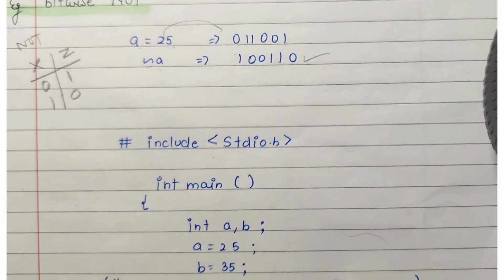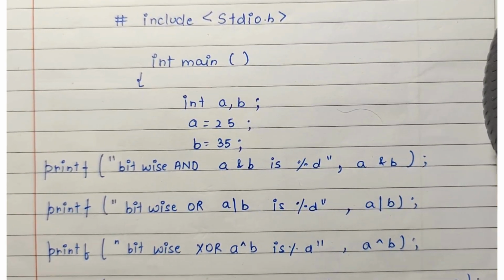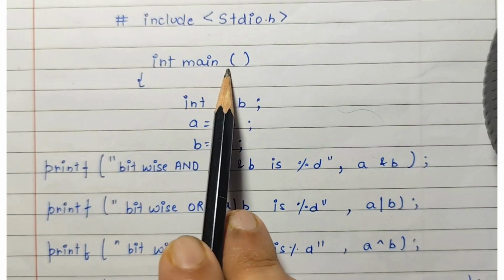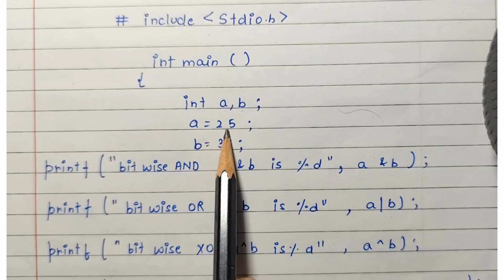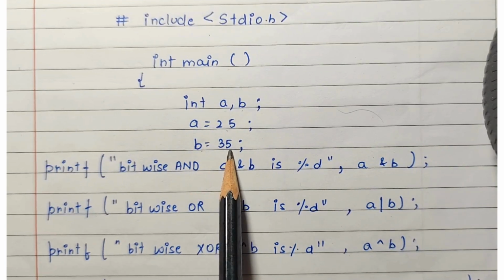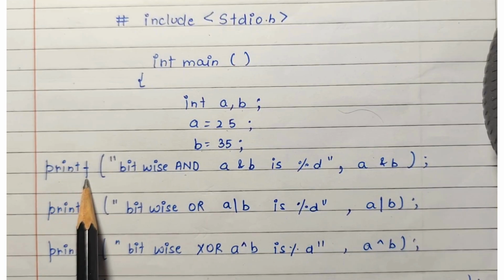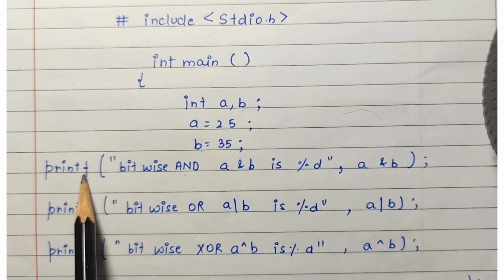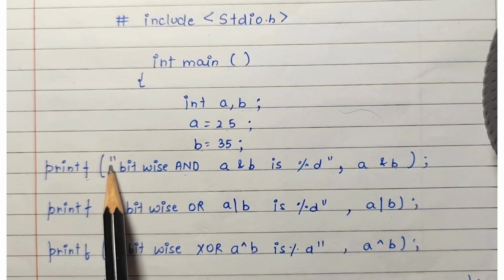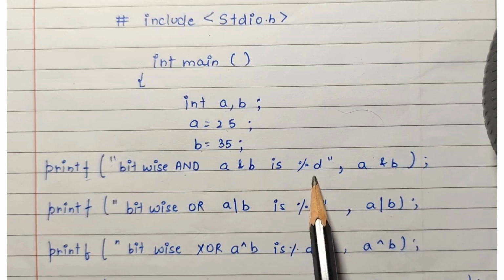Okay, so now we discuss by program, how we perform these operations in a coding language. First we include the standard header file, then the main function, then I declare 2 variables A and B. A is initialized with value 25, B is initialized with value 35. Now I am performing the bitwise AND operation. So I use a printf statement because we want to display the output of A and B. I write printf, then round brackets, inside the round brackets double quotes, and inside the double quotes I include a message.